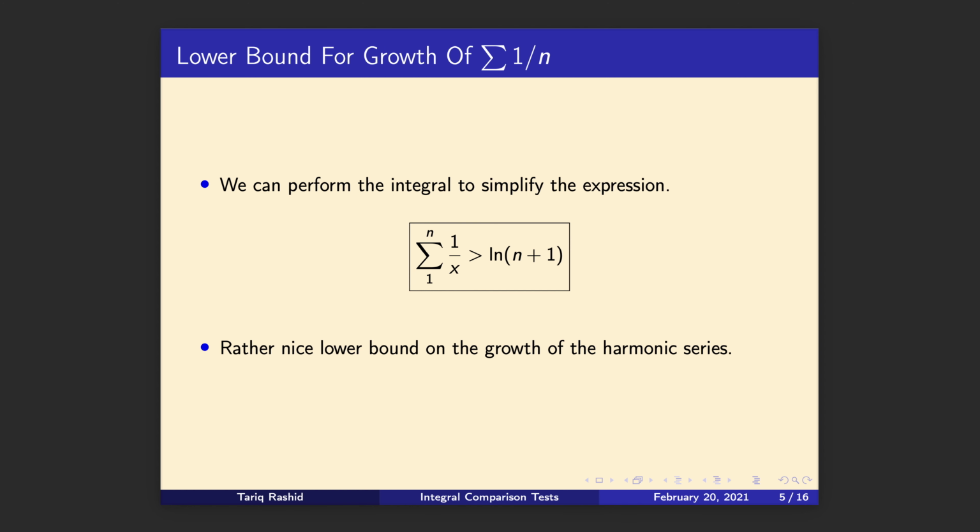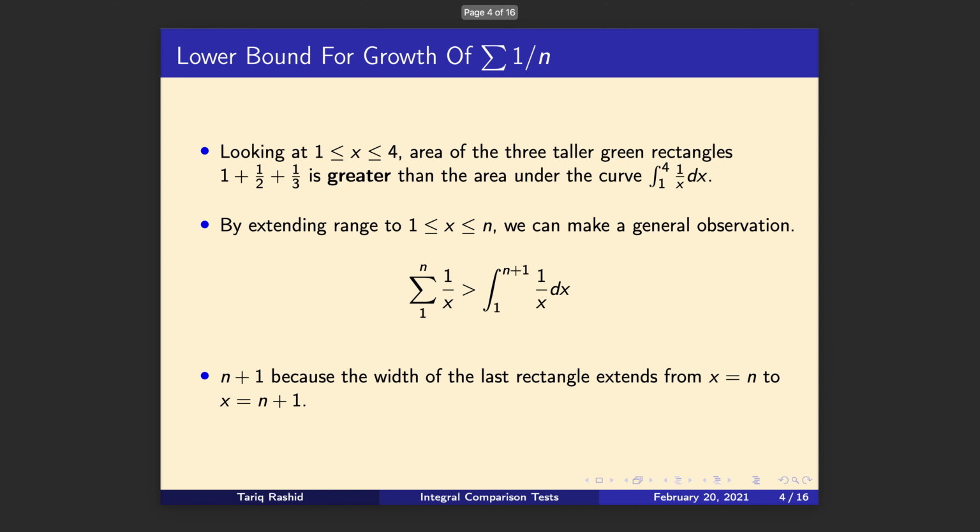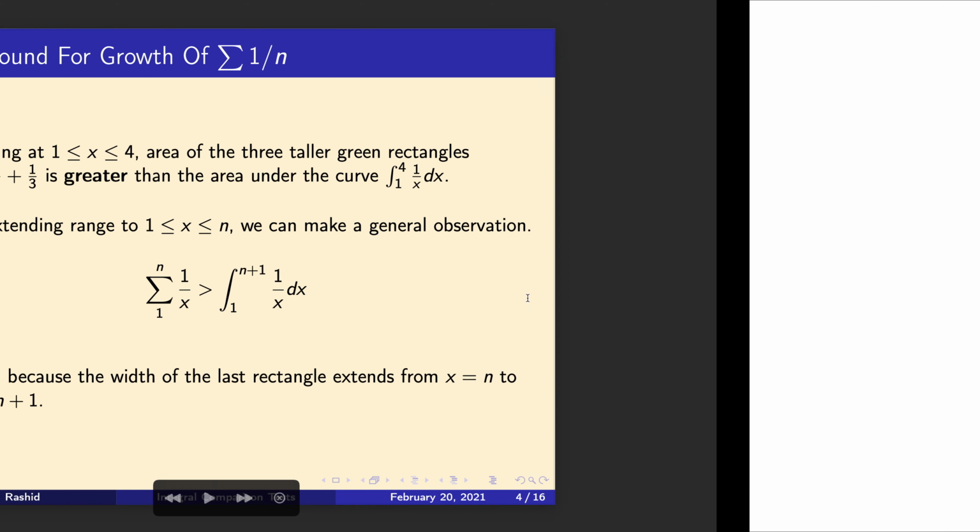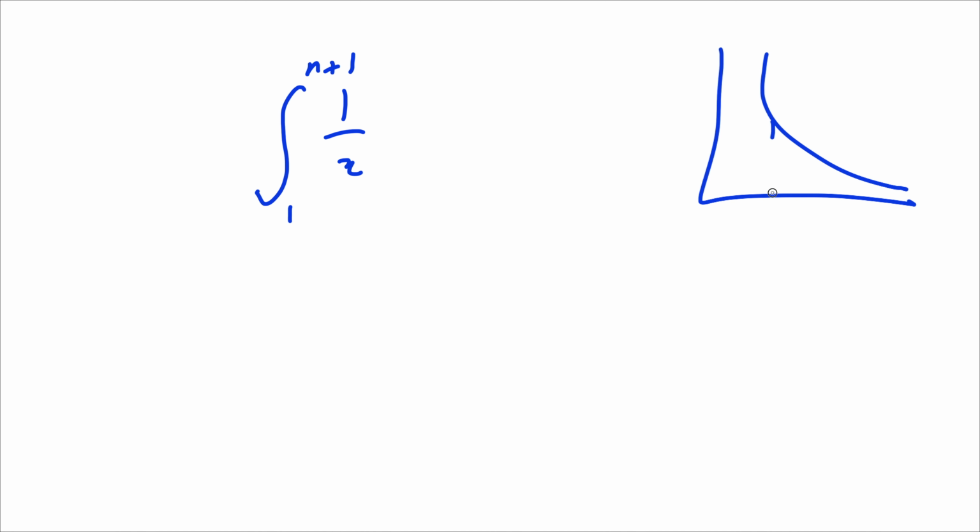Let's actually do that on a bit of paper. So I'm going to write out this integral here. We've got 1 over x, that goes up to n plus 1, starting at 1, and that was the area under the curve, from 1 to n plus 1, dx.